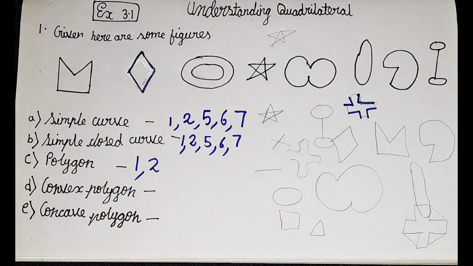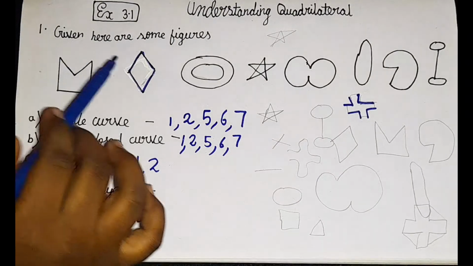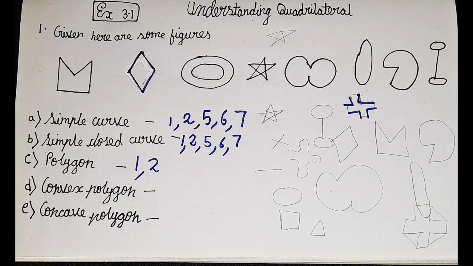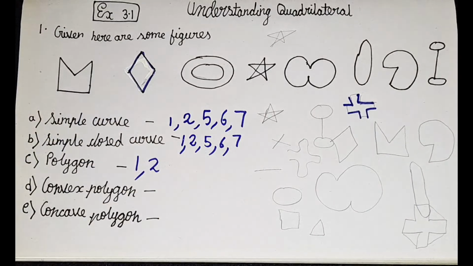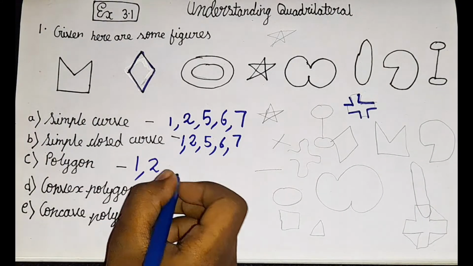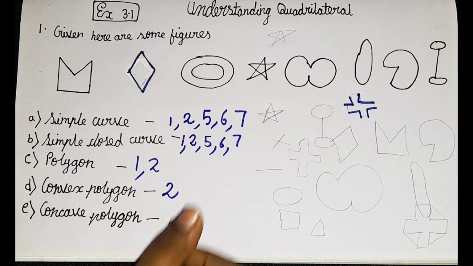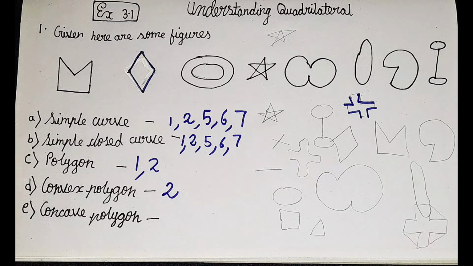So here the convex polygon is the second one because only the second one is going outwards, so it is a convex polygon.